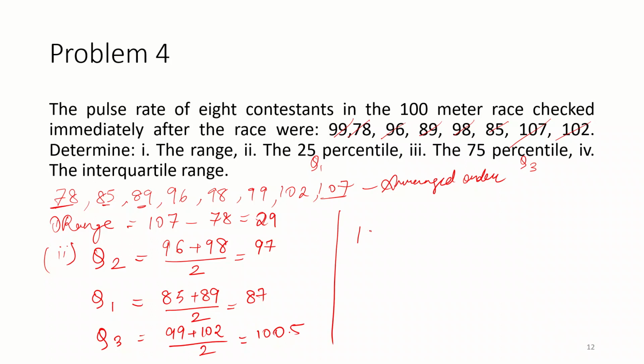Then coming to the interquartile range, it will be Q3 minus Q1, which is 100.5 minus 87, 13.5. Yeah, 13.5.